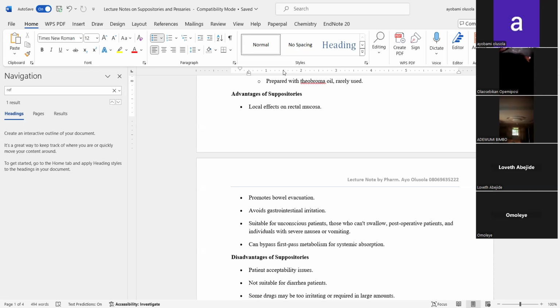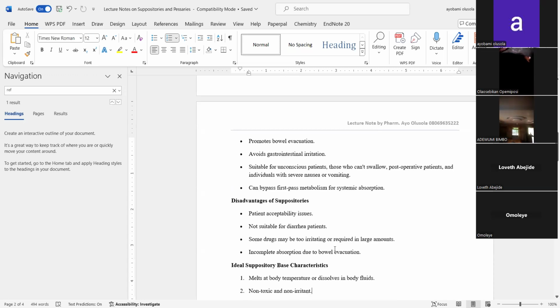Okay, so what are the disadvantages of suppositories? We have one, patient acceptability issues. Some patients can find it very funny that they want to insert something into their anus. In fact, some people may not be able to do it.